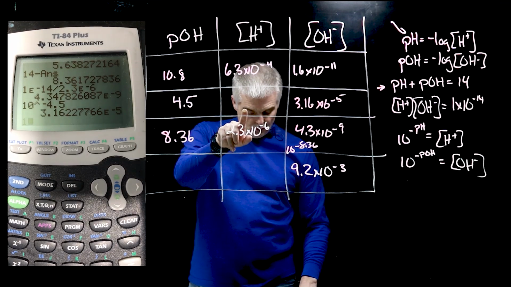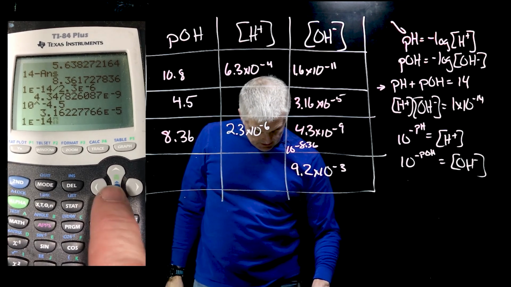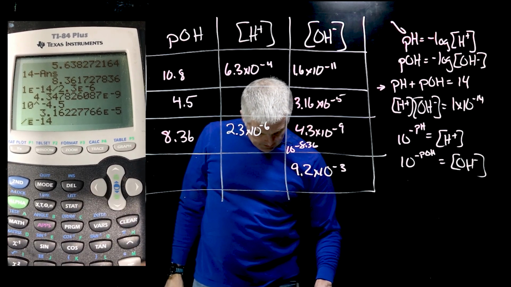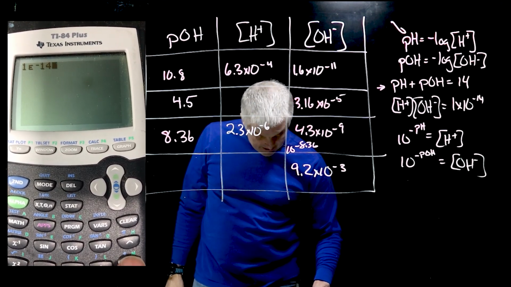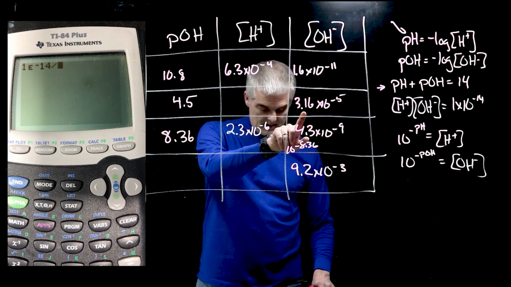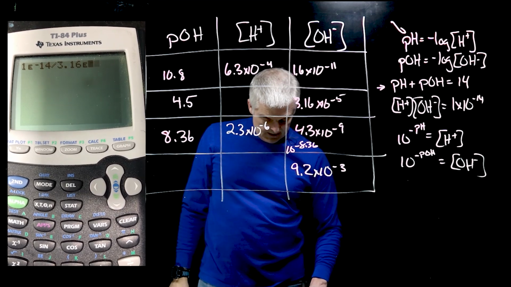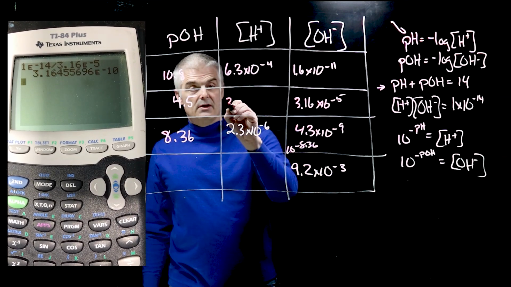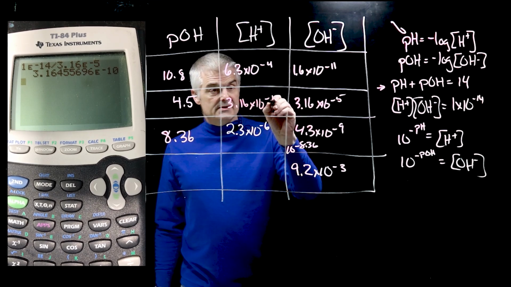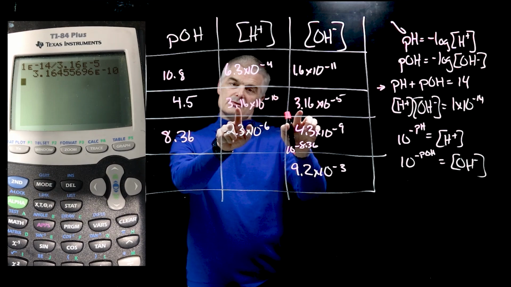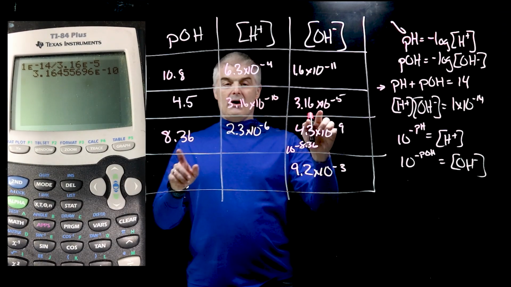All right, and then I can take 1 e negative 14 divided by 3.16 second e negative 5, and that's going to give me the hydrogen concentration, 3.16 times 10 to the minus 10. That's kind of interesting. It's 3.16, but 3 times 3 is roughly 10, so that's not bad, right? That makes sense.